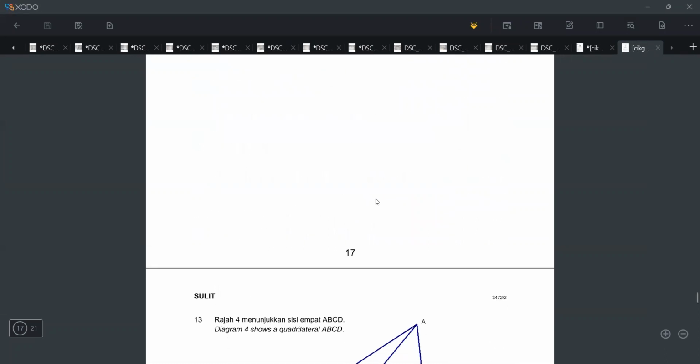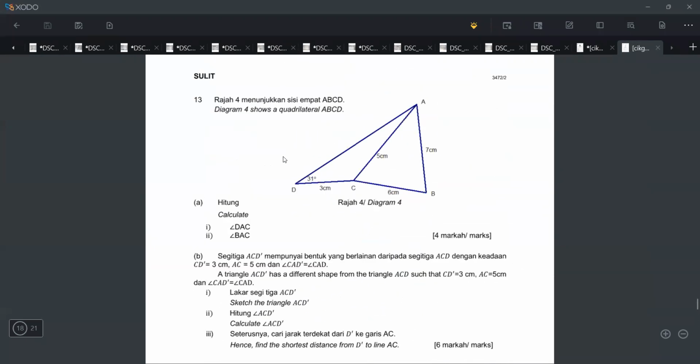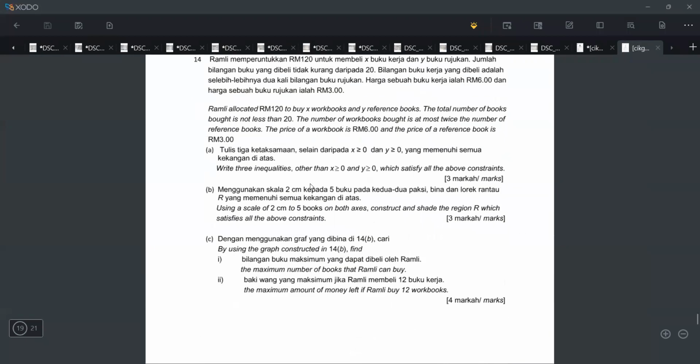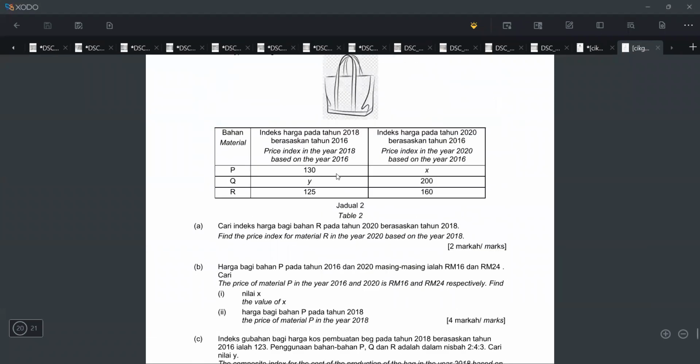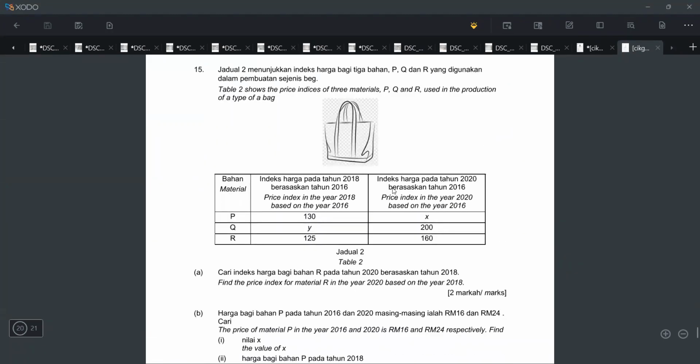Question 15. This is the Kuantan one, the third set. Okay, let's see how to do it.